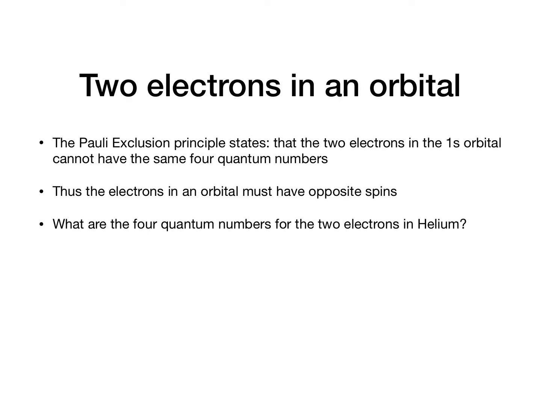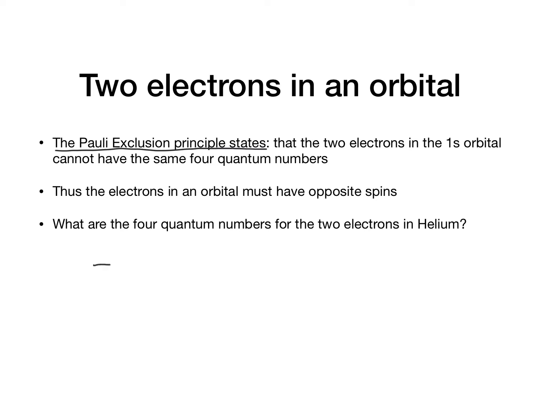The Pauli exclusion principle states that no 2 electrons in the 1s orbital or any other orbital can have the same 4 quantum numbers. This means that the 2 electrons must have opposite spins, because m sub s tells us that they have plus 1/2 or minus 1/2.